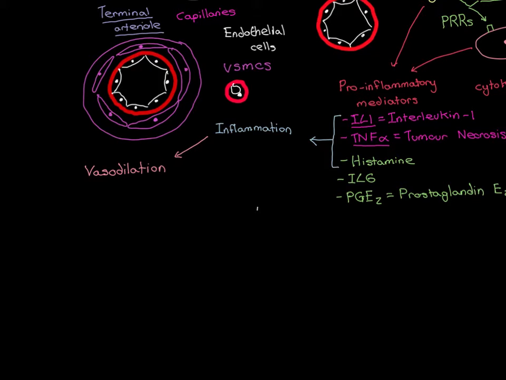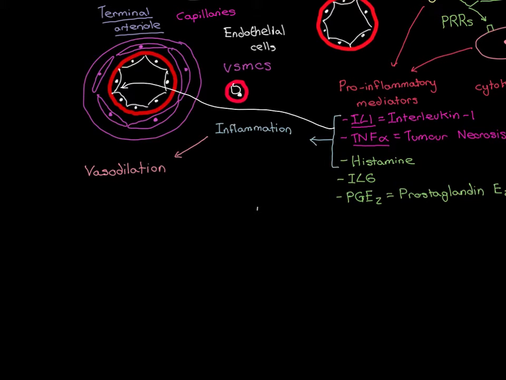And how is that going to occur? Because remember, I've said these molecules, interleukin-1, TNF-alpha, and histamine, act on the endothelial cells, not the smooth muscle cells. So what actually happens is these molecules are going to act on these endothelial cells, and I might just draw a little arrow here. So these are going to act on the endothelial cells of the terminal arteriole. They will diffuse over to the terminal arteriole.